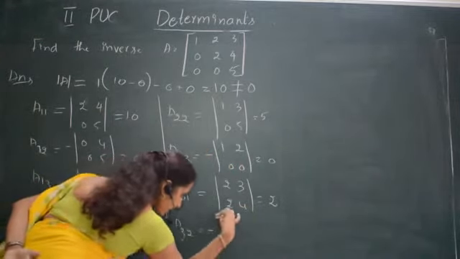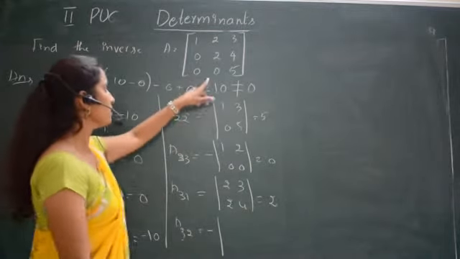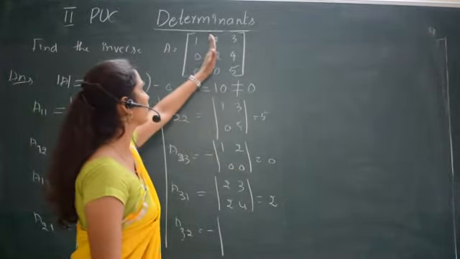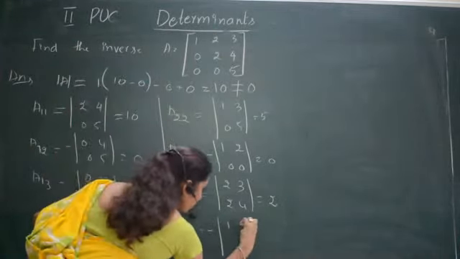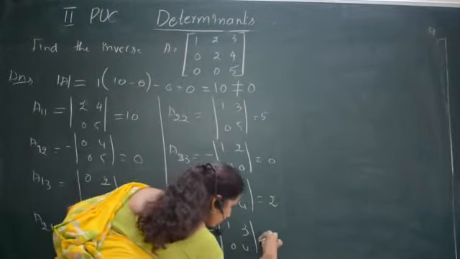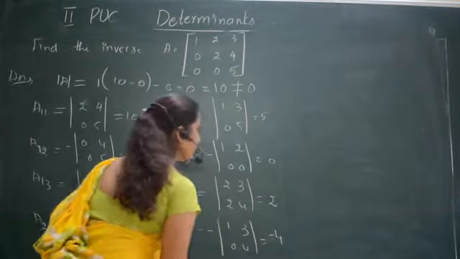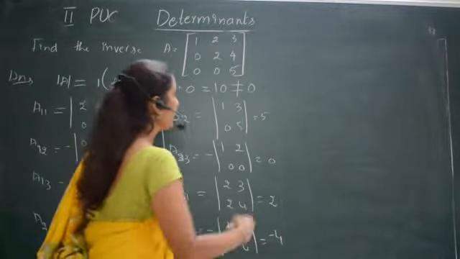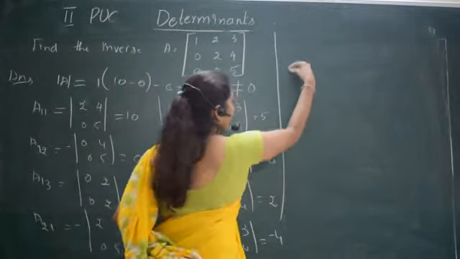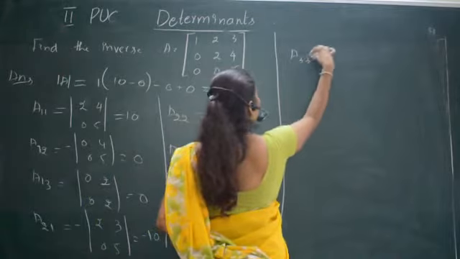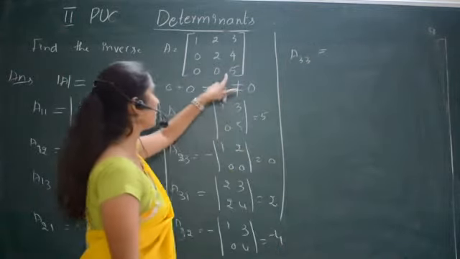Then A32 is minus. So minus of, deleting this and this, we get 1304. 1304 will be minus 4. Then A33 is plus.